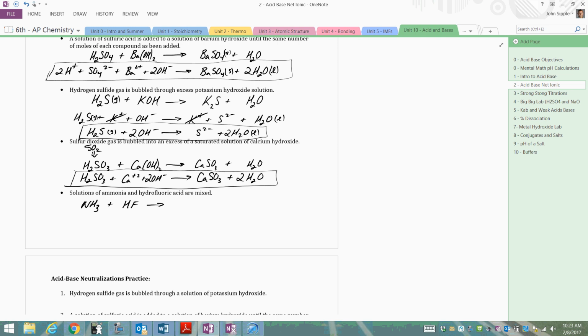So this is a little different. In this case, we know that this HF is the acid. It donates an H. This guy's going to act as the base. Ammonia is acting as the base here.